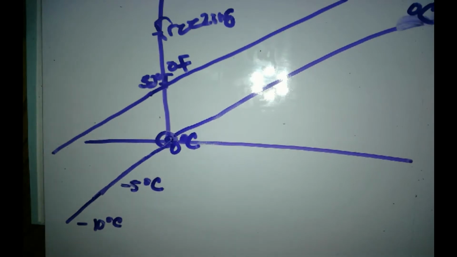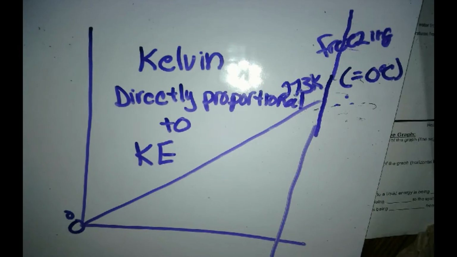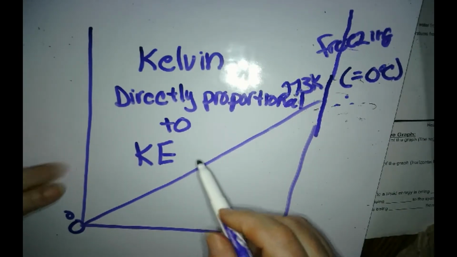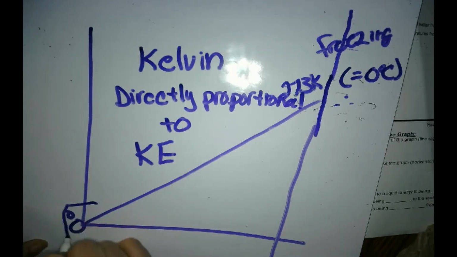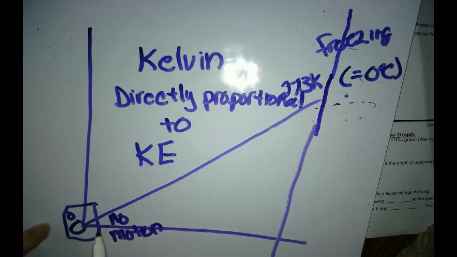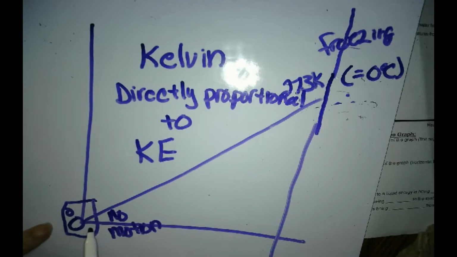Okay, let's compare that to Kelvin. So Kelvin is directly proportional to kinetic energy. That means when we have 0 Kelvin, we have no motion. And they came up with this, so where motion ceases to happen, that is 0 Kelvin.